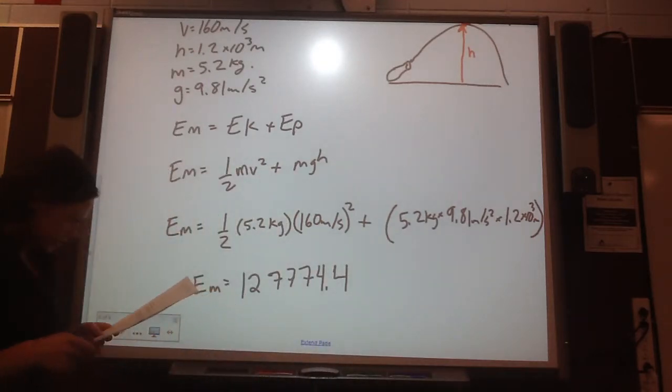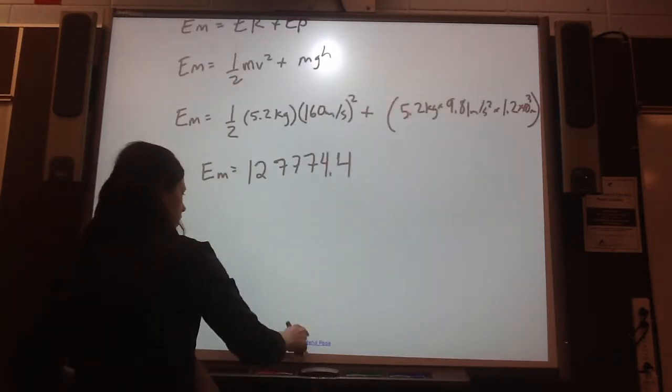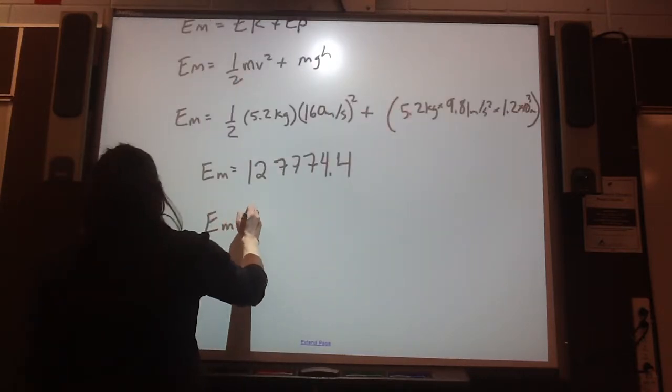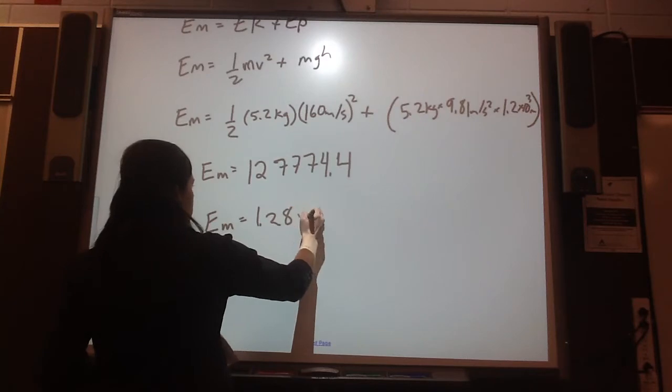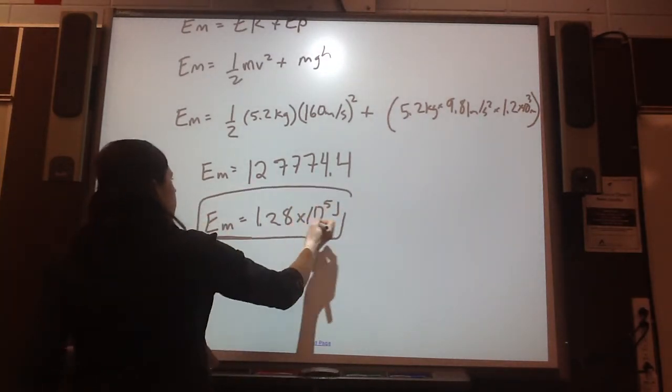So to save things, mechanical energy is 1.28 times 10 to the 5 joules.